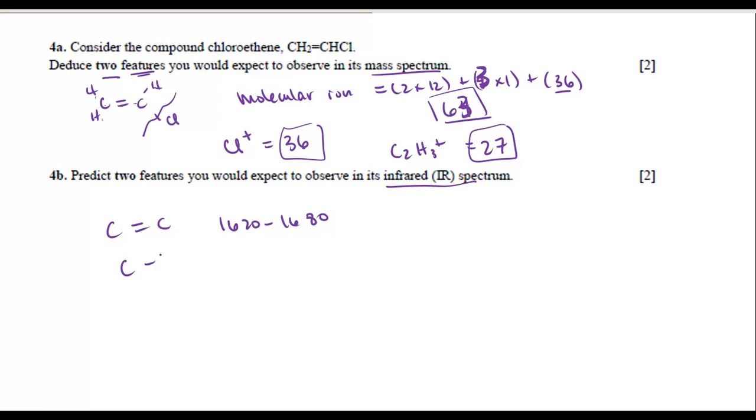There are quite a few carbon-hydrogen bonds. Those would give me peaks between 2850 and 3090. And of course, there's the carbon-chlorine bond, which would give us a peak between 600 and 800. So the question asks for only 2. We have actually listed 3. Again, look at us going above and beyond.